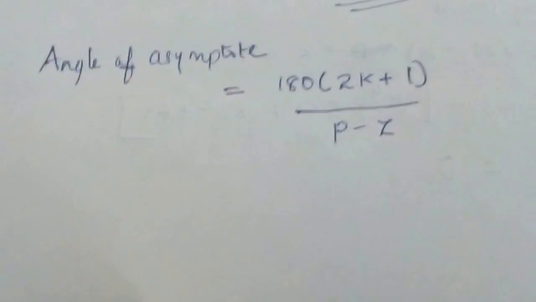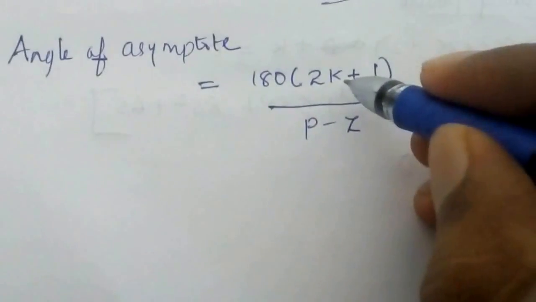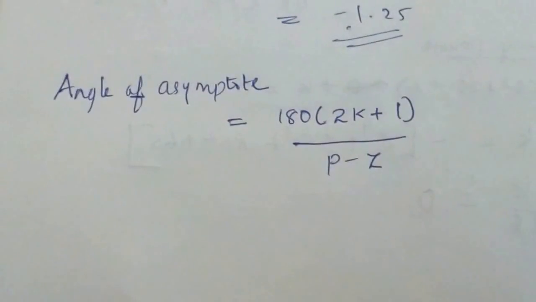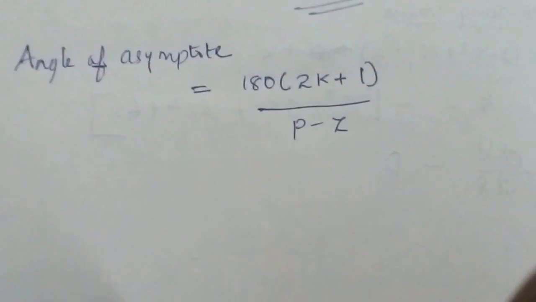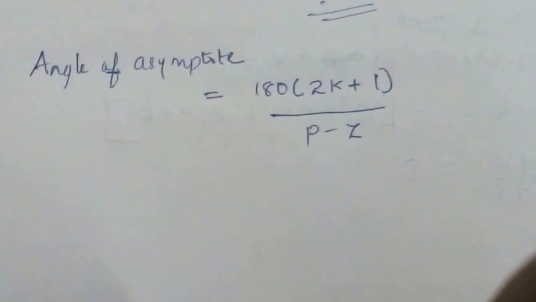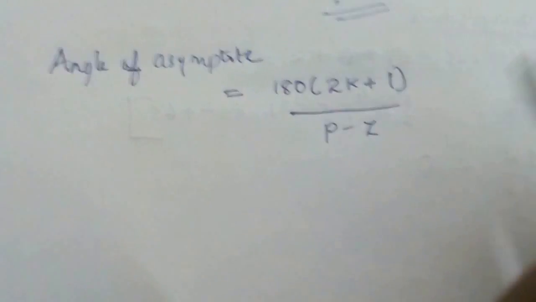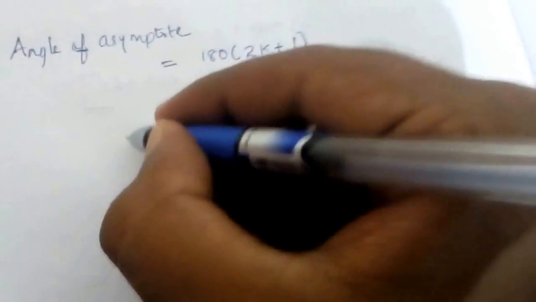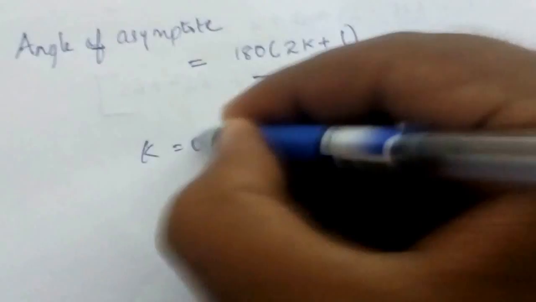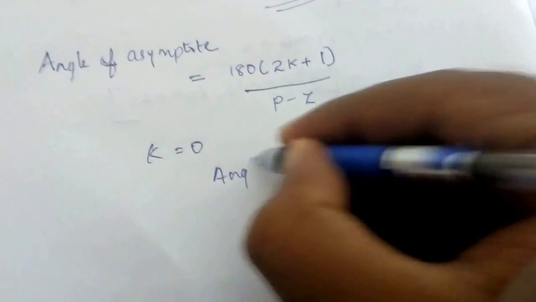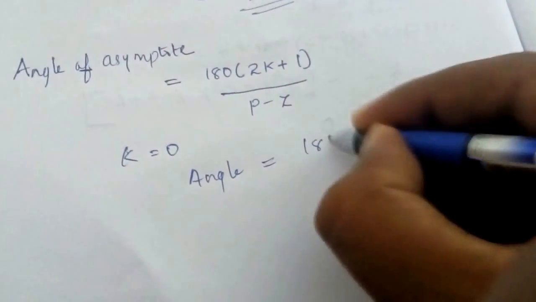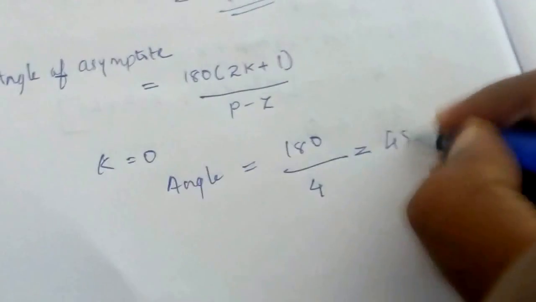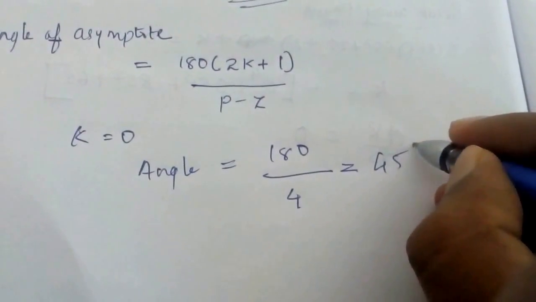See, this k ranges from 0 to 3. That means the number of branches that the root locus has: 0, 1, 2, 3, 4 numbers. Okay, so at k equal to 0, the angle is equal to 180 divided by 4, that is equal to 45 degrees.